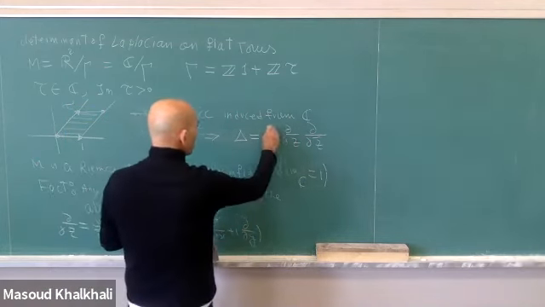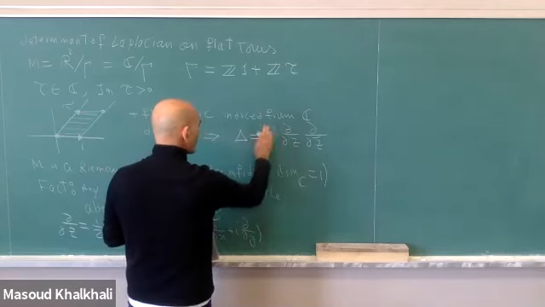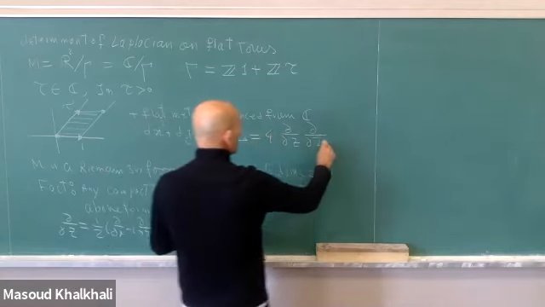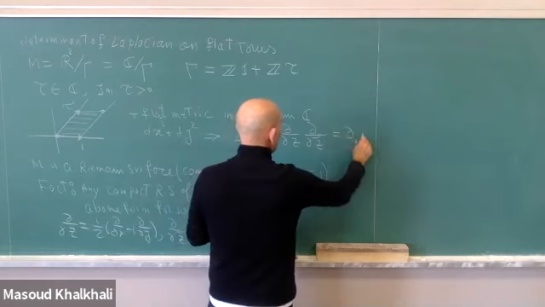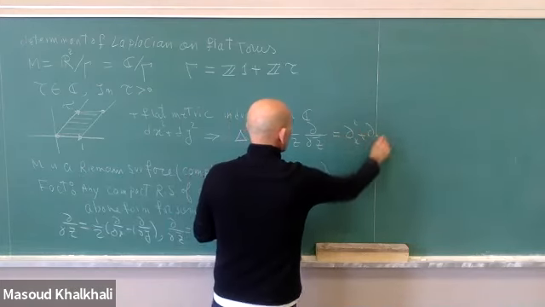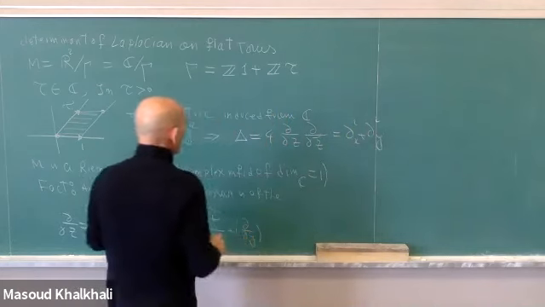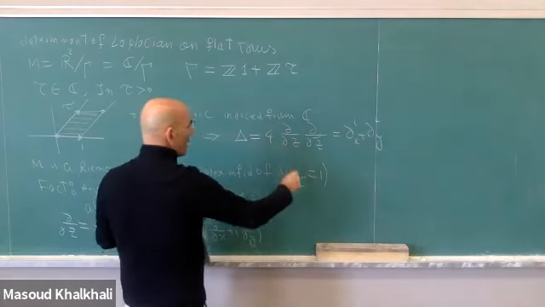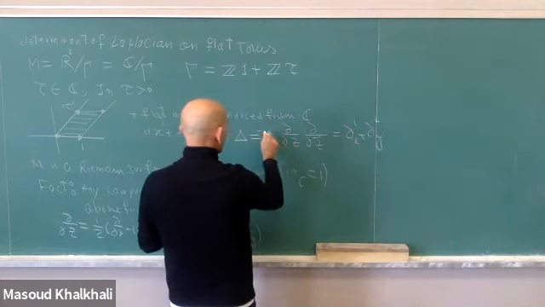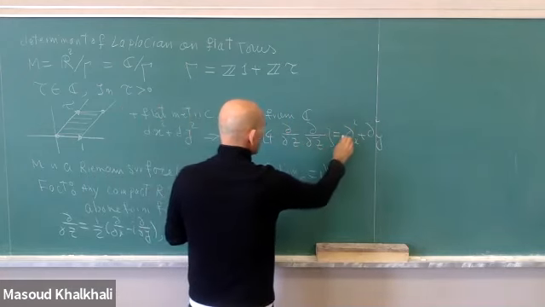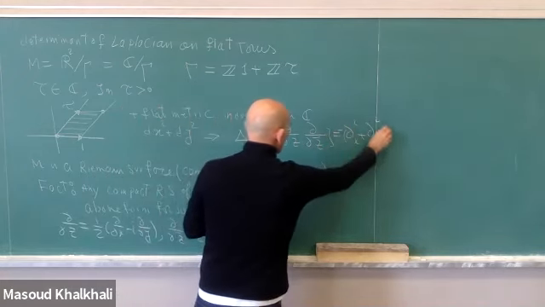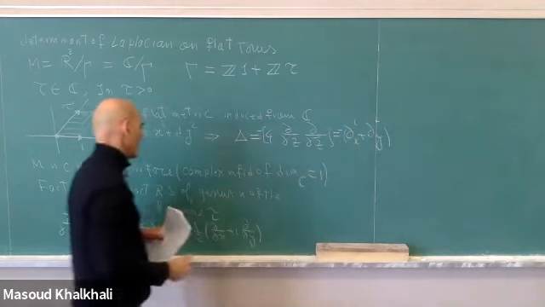And here I have to compensate by putting 4. So this is equal to d_x squared plus d_y squared. But I need a minus, because I want the positive Laplacian, so it's just minus this. So this is the Laplacian you want.